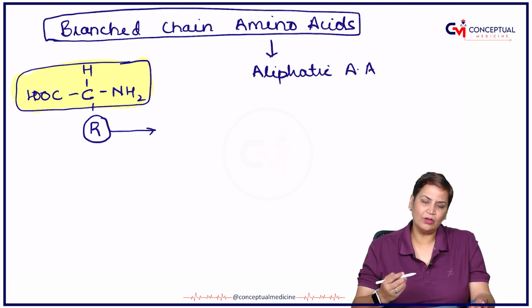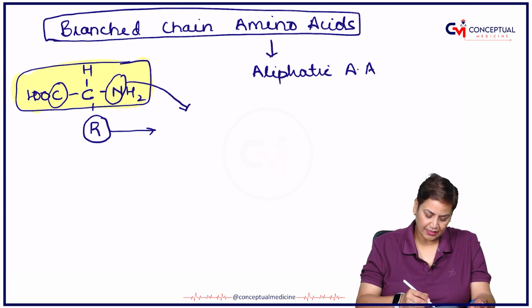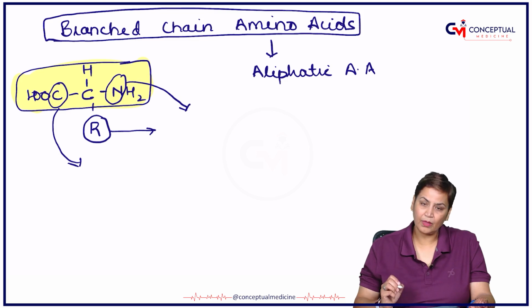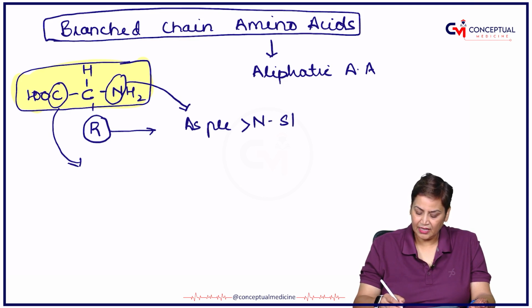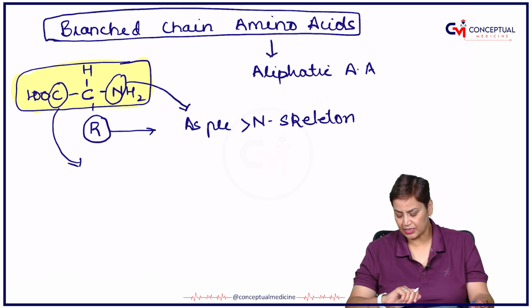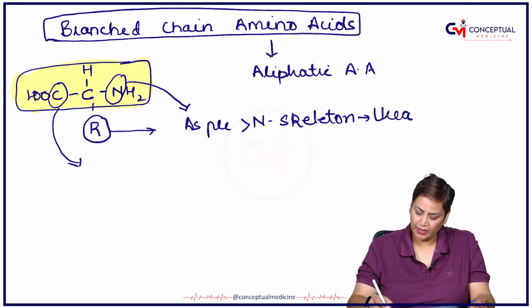That is why we always study the metabolism as per the nitrogen skeleton and as per the carbon skeleton. As per the nitrogen skeleton, since amino acids or proteins are the sole sources which give out urea, it will give rise to the formation of urea.